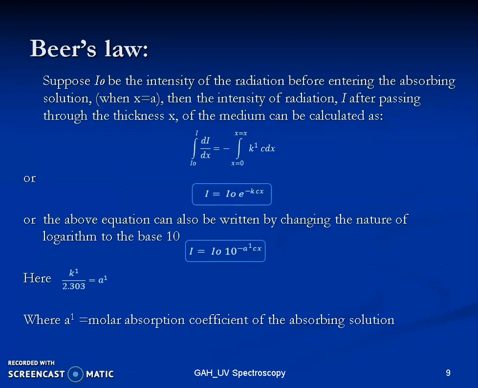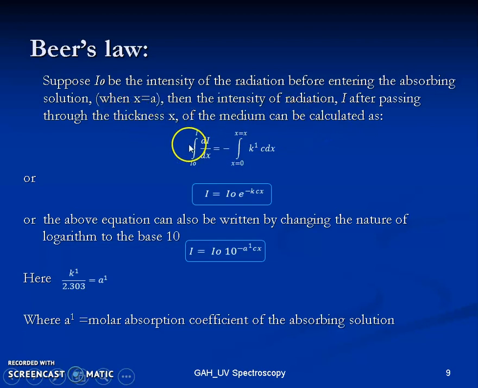So we will again mathematically evaluate this particular statement made by Beer. Suppose I naught is the intensity of the radiation before entering the absorbing solution, when x is equal to 0, and I is the intensity of the radiation after passing through a thickness x of the medium.